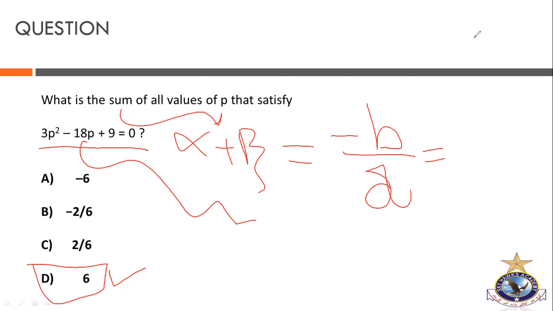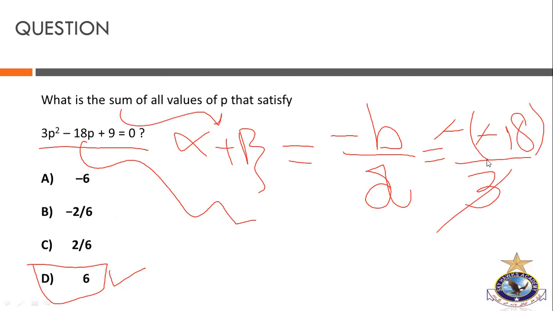So in this case, you have minus 18 and this is 3. So absolutely right, that gives 6.